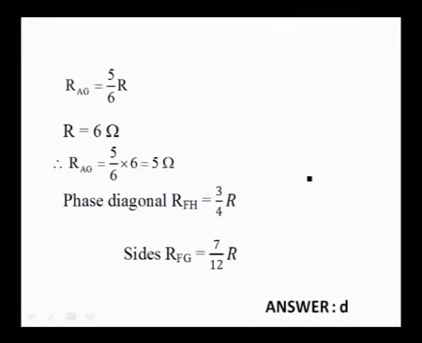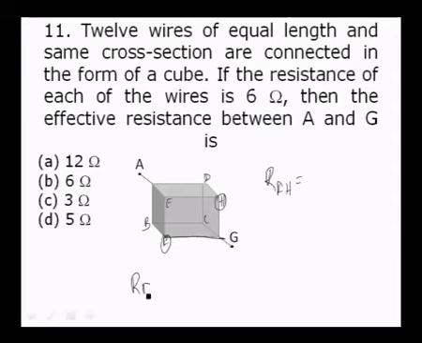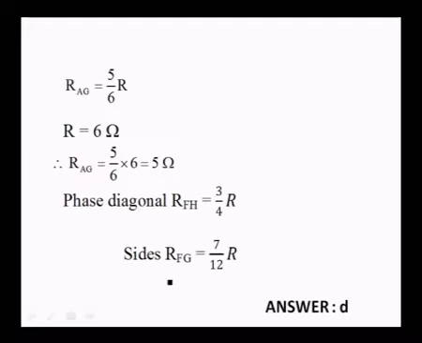For that, the resistance is equal to 3 by 4 R, where R is the resistance value. Similarly, if you want to calculate the resistance for the side, this is the side, that is R_FG, we have an effective resistance of 7 by 12 R. This concept you can also use for other problems.